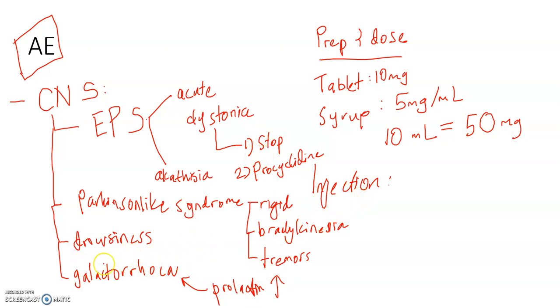This is a known adverse effect of many conventional antipsychotic drugs. So you have hyperprolactinemia, and then you have galactorrhea, which is milk coming out of your nipples. This can be for males and also for females, which can be quite embarrassing for patients sometimes, or all the time. It depends.